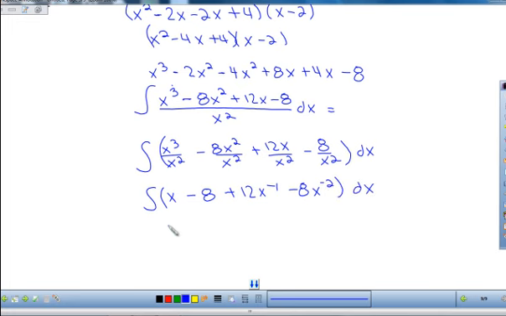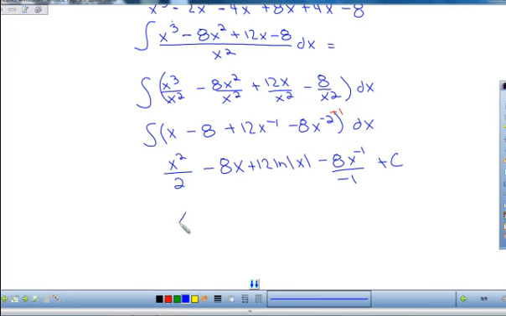So the antiderivative of x is x² divided by the new coefficient. The antiderivative of 6 is 6x. The antiderivative of 12x to the negative 1 should be 12 ln of the absolute value of x. And then for the antiderivative of 8x to the negative 2, we're going to add 1 and divide by the new coefficient.